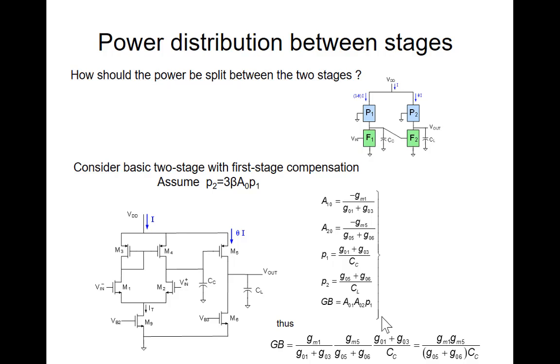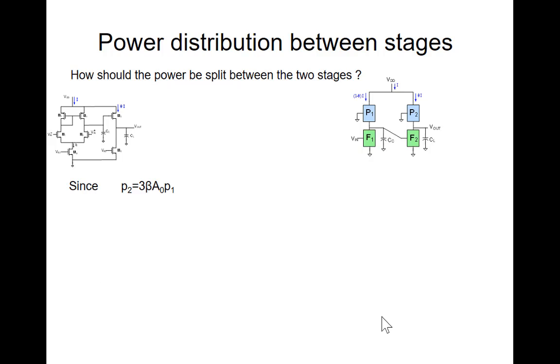We derived expressions for the gain and the gain bandwidth product and so forth of the structure. I'm going to assume that the pole spread is 3 beta A naught P1. And the reason I used that was we had a nice way to decide how to compensate the structure. We said we wanted to have the pole spread between 2 and 4 beta times the gain bandwidth product.